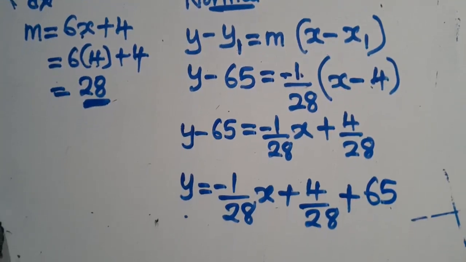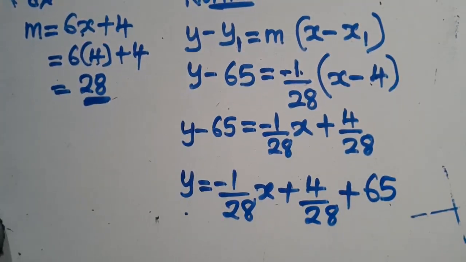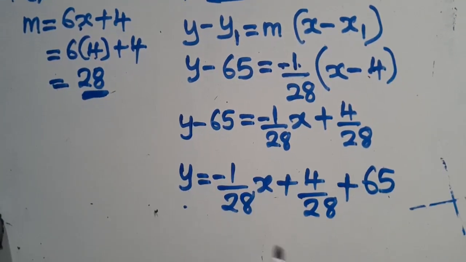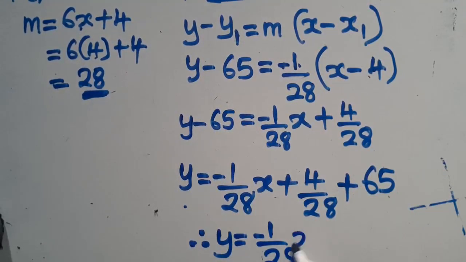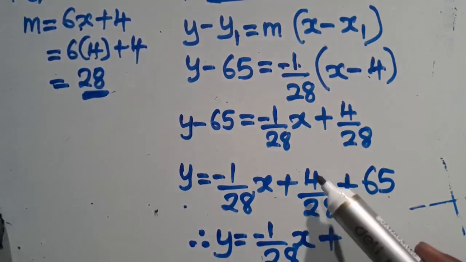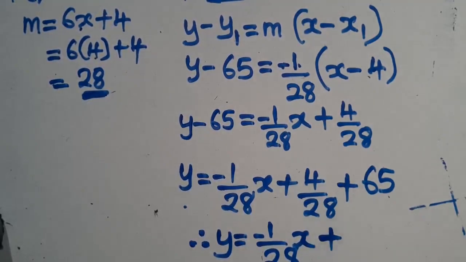This is what you need to do. Finally, the equation of the normal is y equals negative 1 over 28x plus, you punch this on your calculator. Just that right now I'm not having my calculator, but you can punch this on your calculator: 4 over 28 plus 65.